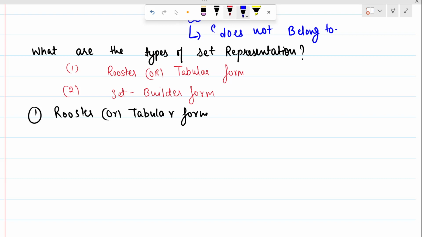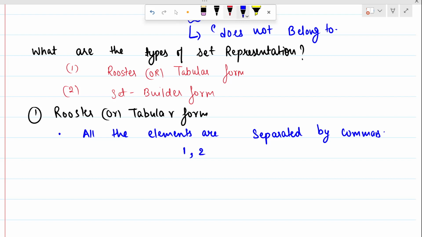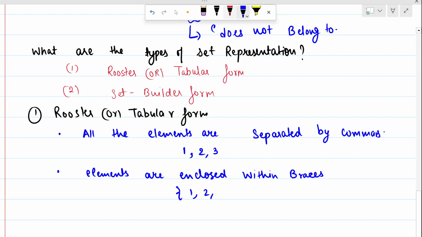So in roster form, all the elements are separated by commas, such as 1 comma 2 comma 3, and elements are enclosed within braces, such as {1, 2, 3}, and the braces used are curly braces.